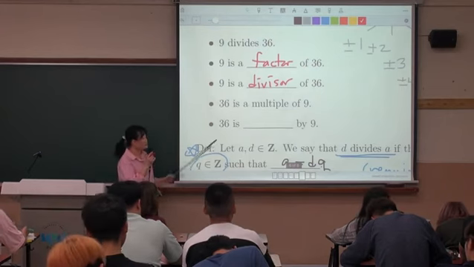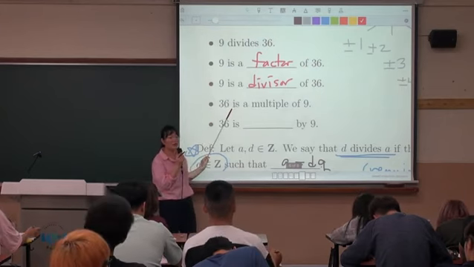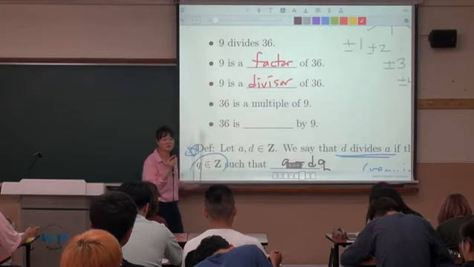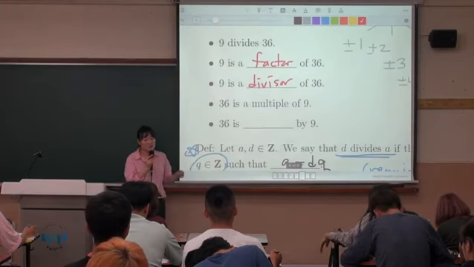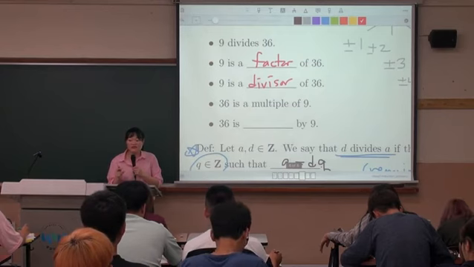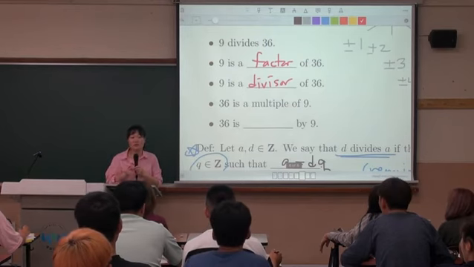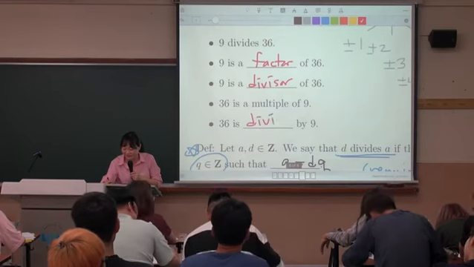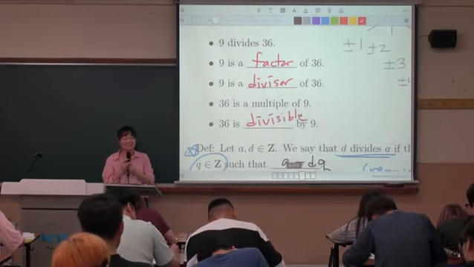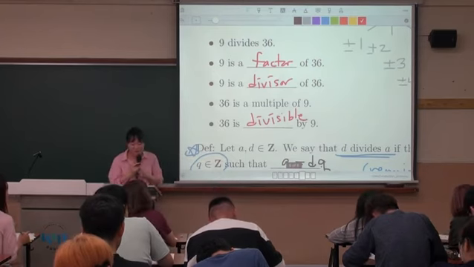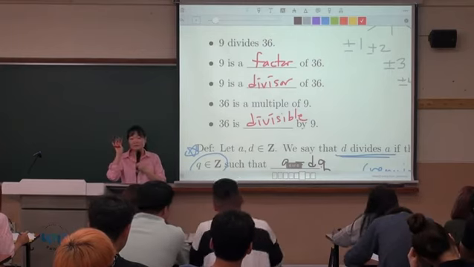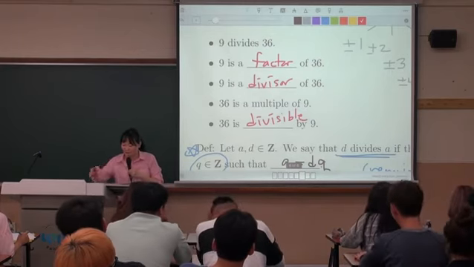Or, in other words, 36 is a multiple of 9. 36은 9의 배수이다. 됐죠? Or, 36 is divisible. 나누어질 수 있다. Divisible. Right. They all mean the same thing. 됐어요? Yep.